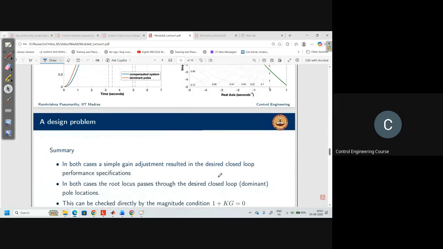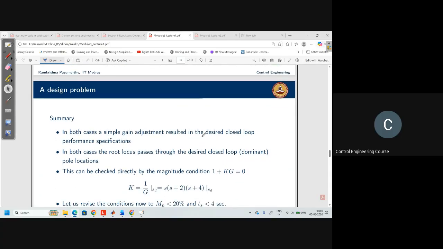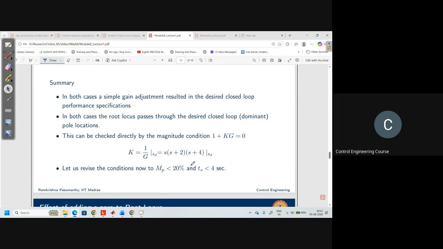What if the point is not on the root locus? In both cases, simple gain adjustment results in the closed loop performance. We calculate K by using the magnitude criterion, which I already told, right? 1 plus KG(s) equal to 0, and K is equal to 1 by G. That means the magnitude of KG is equal to 1.